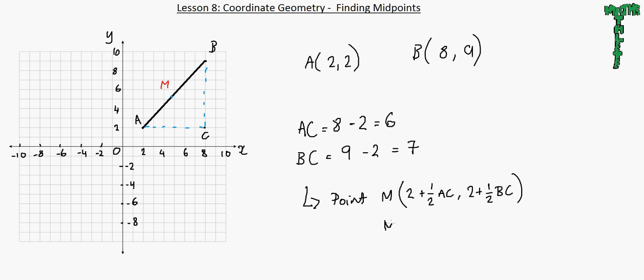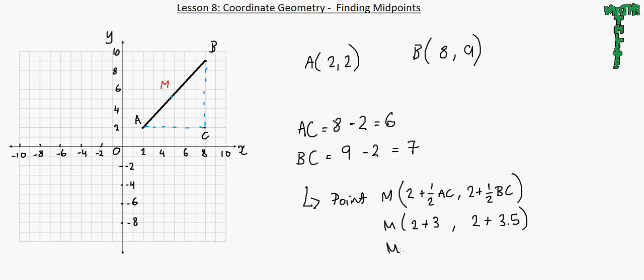So M is 2 plus half of AC, which is 6, which is 3, comma, 2 plus half of BC. BC is 7, so it's 3.5.